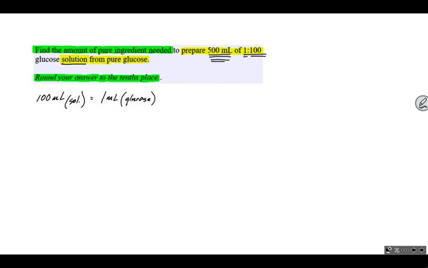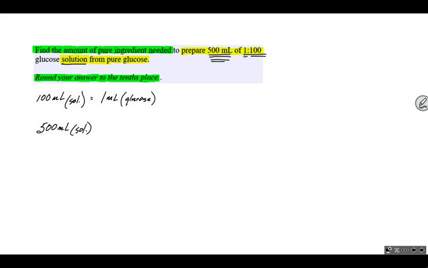Either it might be a doctor's order, it might be the order here. What do we need to prepare? We need to prepare 500 milliliters, and we're going to start with that at the far left of our problem solution here. So we're going to start with 500 milliliters of solution, and that's what we want to begin with.